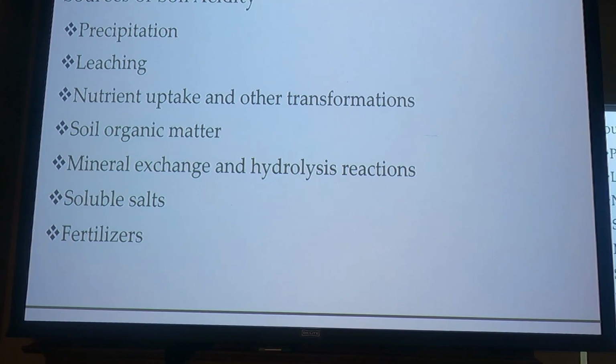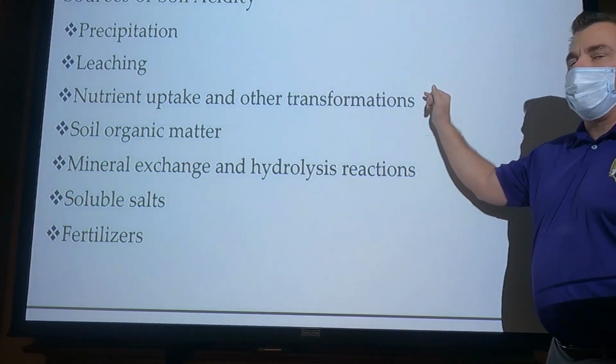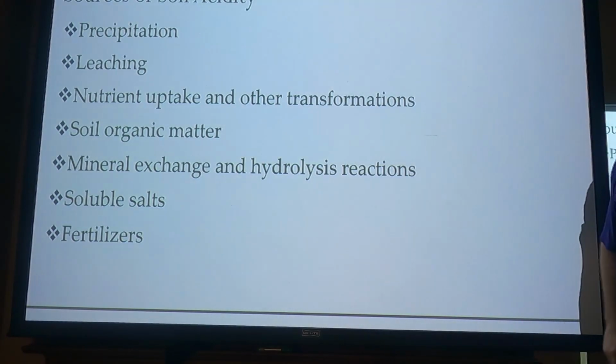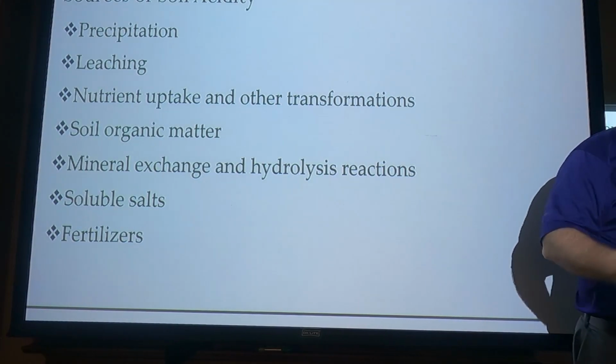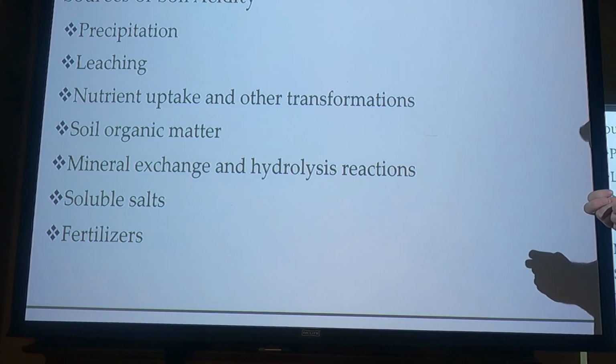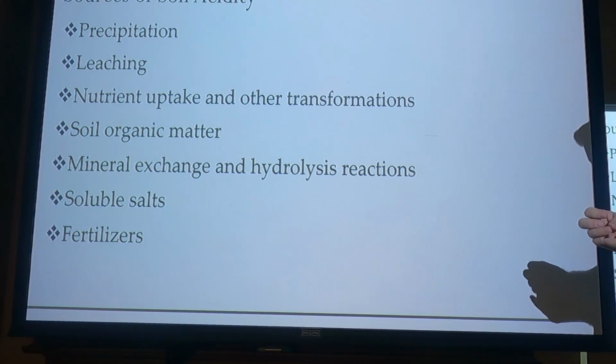Nutrient uptake and other transformations can influence it, because we are removing some of those basic cations from solution. Our soil organic matter is going to influence that, because of pH dependent charge. We will have some mineral exchange and some hydrolysis reactions, and we'll go over these in just a moment.